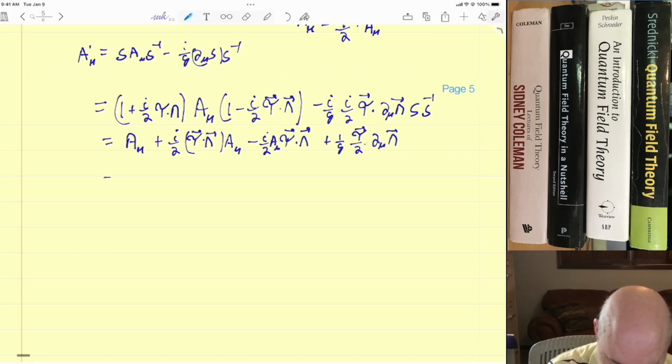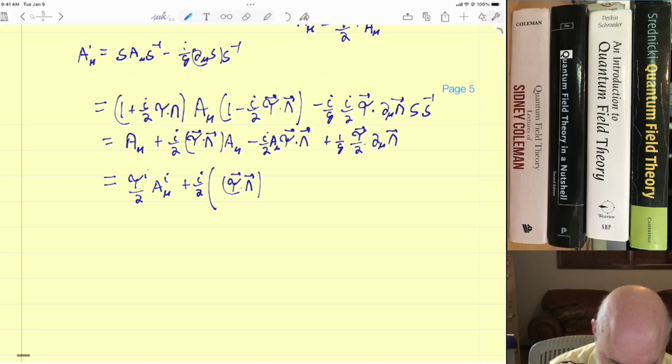Now just to clarify everything, I'll put these things. So this is like tau i over 2, A mu, plus i over 2 tau dot lambda.